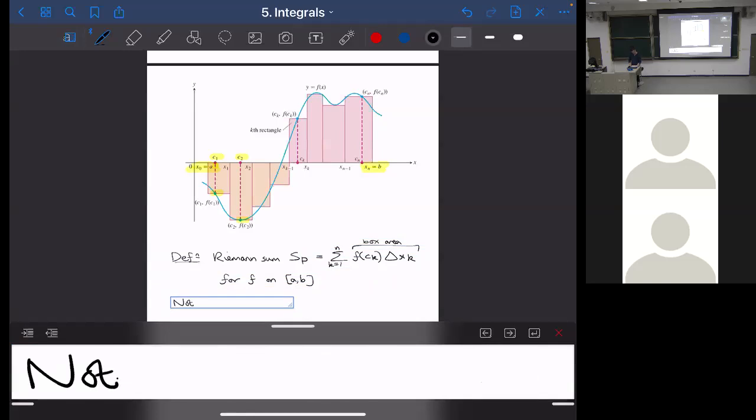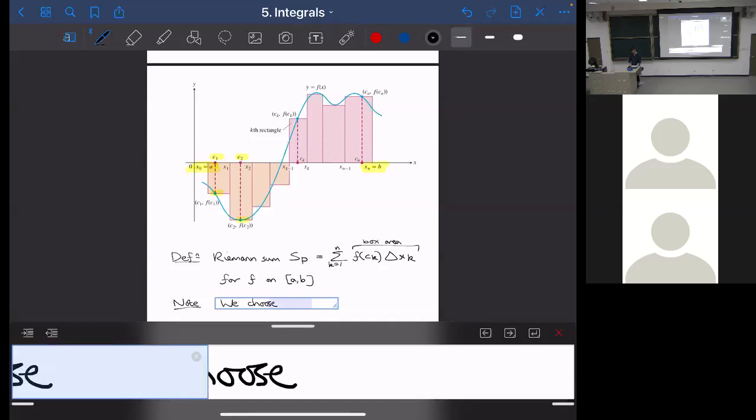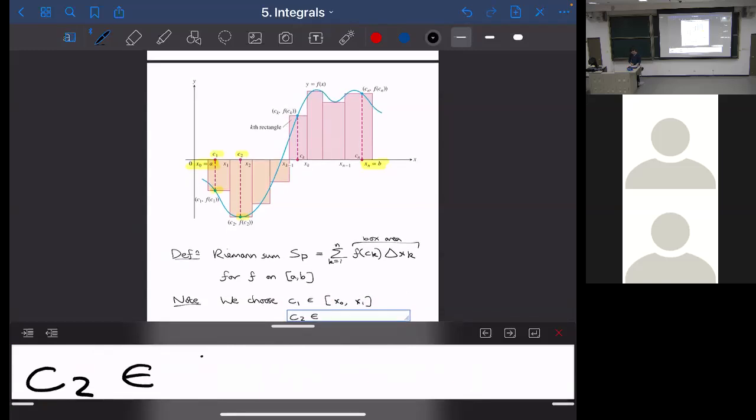So note we choose c_k, well, let's write it out. c1 we choose to be in the interval [x0, x1], c2 in [x1, x2].